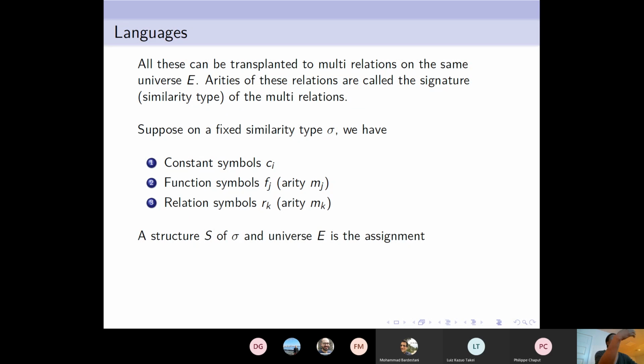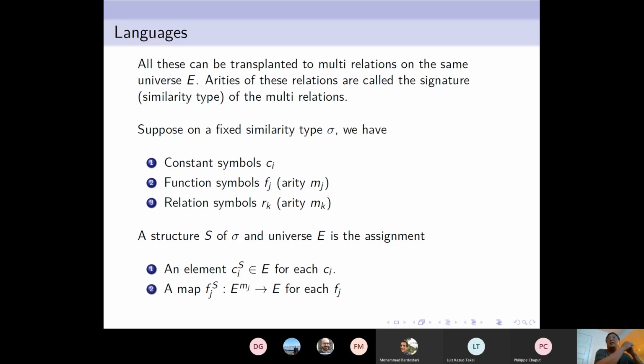That means we are going to assign all the symbols to something coming from E. Every Ci is assigned an element in E, and any function symbol is assigned a map from E^Mj to E, depending on the arity of the function. A relation is a subset of E^MK, depending on the arity of the relation symbol.